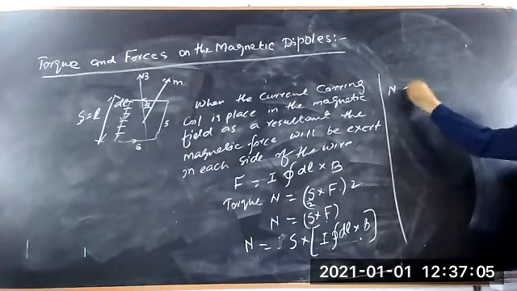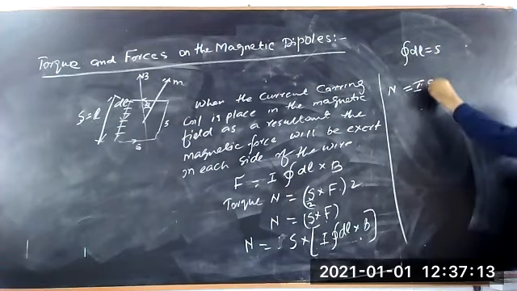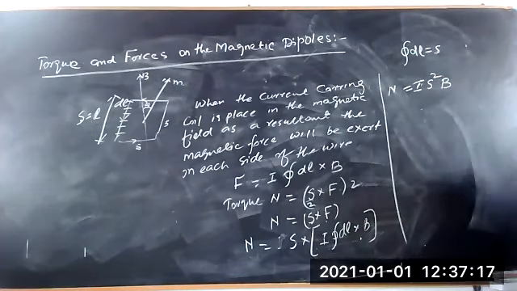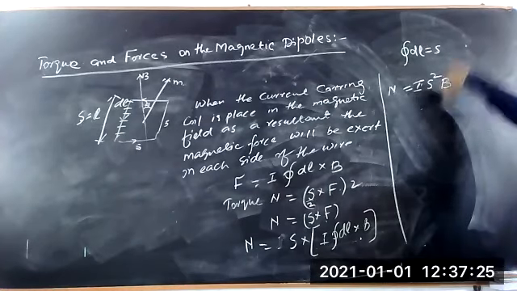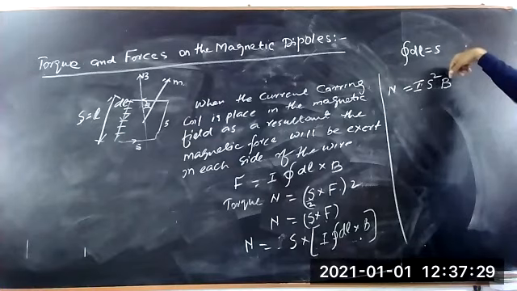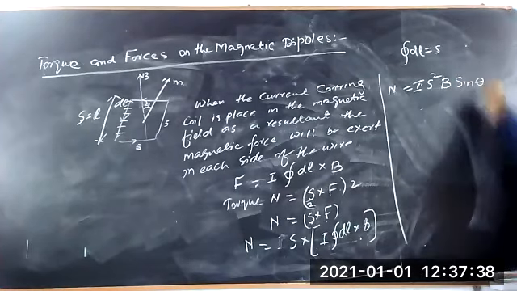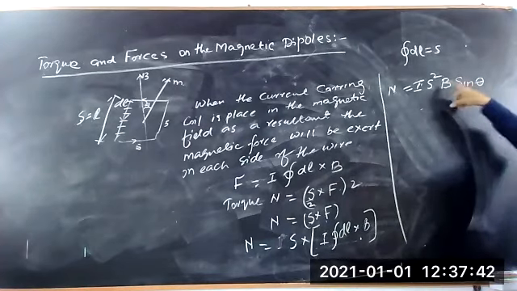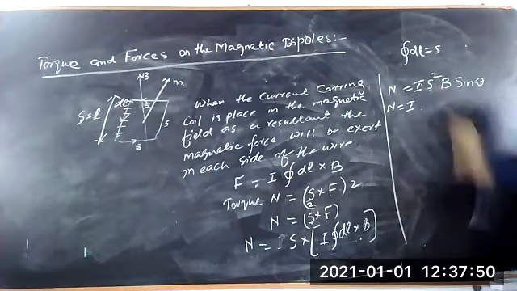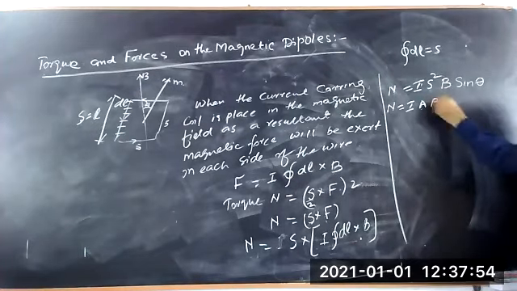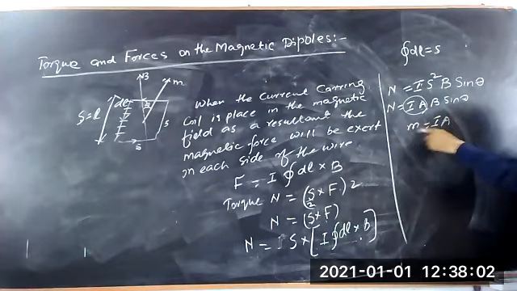So the torque N is equal to I, S into S is S square, because the integral over dl is equal to S, so S square into B. There is a cross product, and the cross product gives the sine of angle theta, where theta is the angle between B and the area direction. So N is equal to I S square B sine theta, where S square, length into width, is the area A. I into A is equal to M, the current times area, which is the magnetic dipole moment.